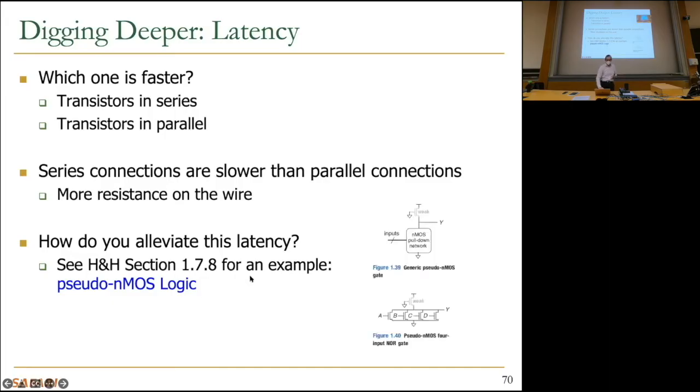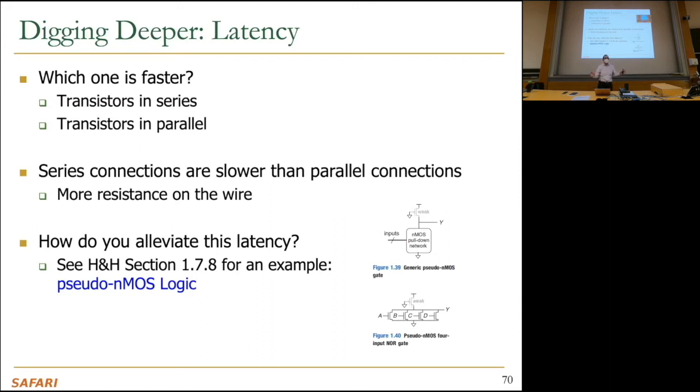I'm not going to go into it, but it kind of looks like this. So this is a pseudo NMOS 4-input NOR gate. A NOR gate has NMOS transistors connected in parallel. Normally, you would have 4 PMOS transistors connected in series to enable a 4-input NOR gate. But there are some tricks you can play at the lower level and have a very weak PMOS transistor. And a weak PMOS transistor can replace 4 PMOS transistors in series.